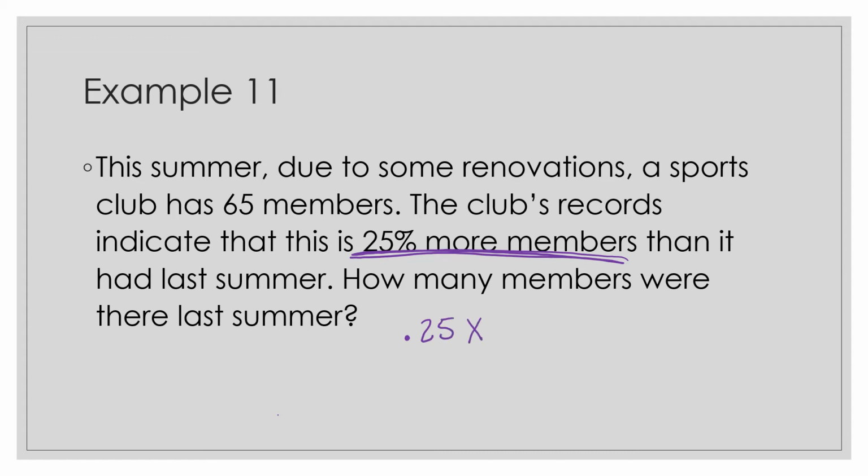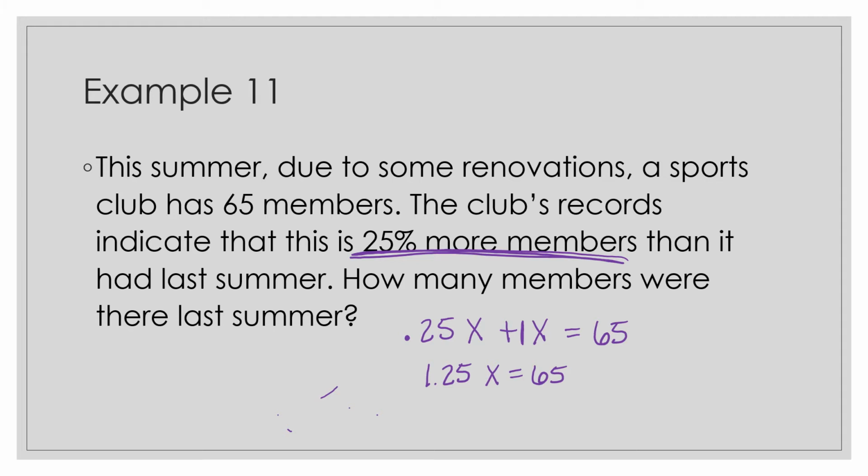That tells us just how much it increased by. But then we have to add that to what it was already, the original amount, which then should equal the 65. So remember there's an imaginary 1 here.